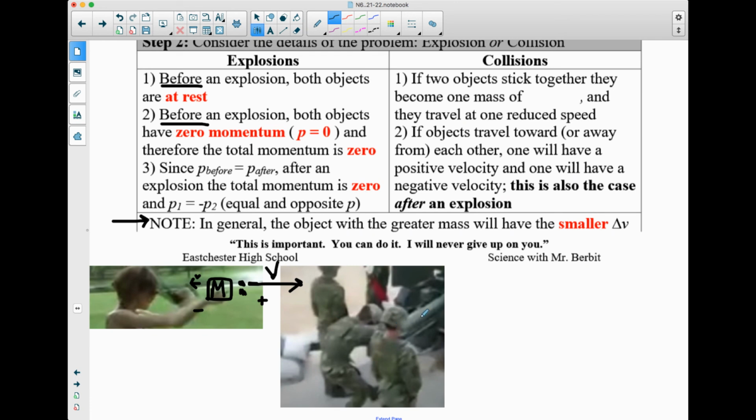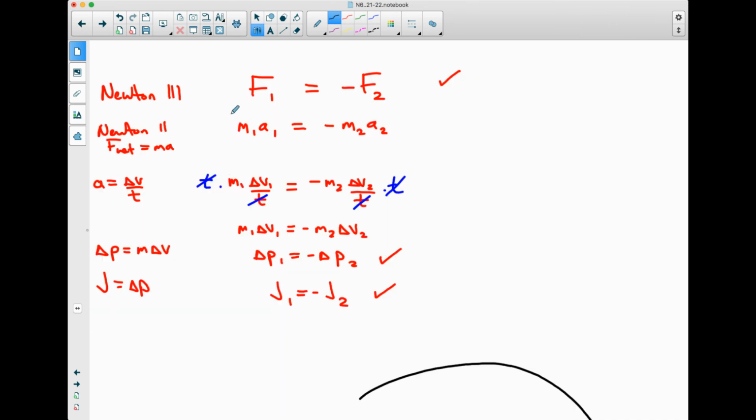Even here, this big mass cannon came backward at a small velocity, but the bullet they put into it went forward at a big velocity because it had a relatively small mass. This actually is exactly from the little extra note I wrote for you yesterday when we were breaking down Newton's third law, all the different versions.